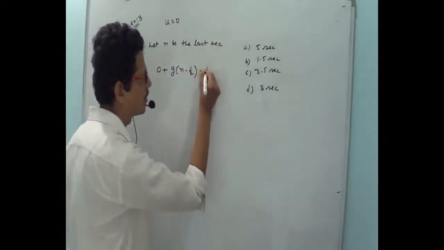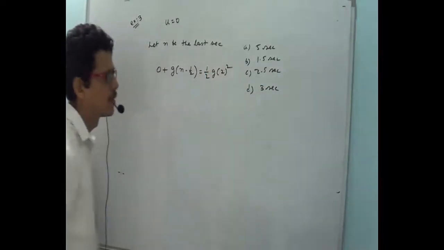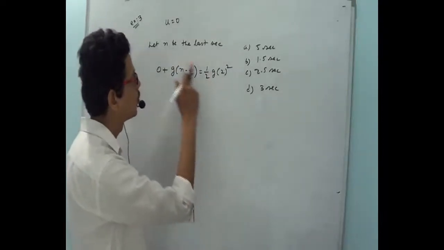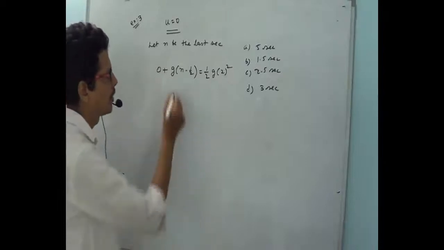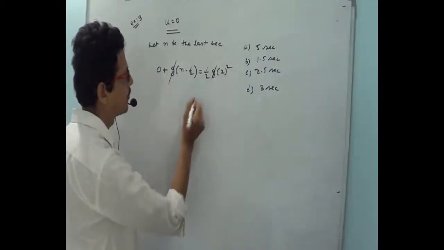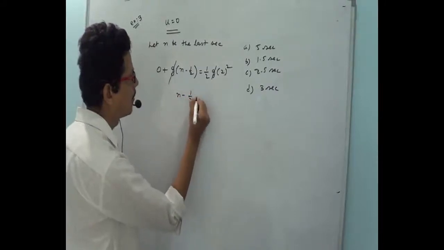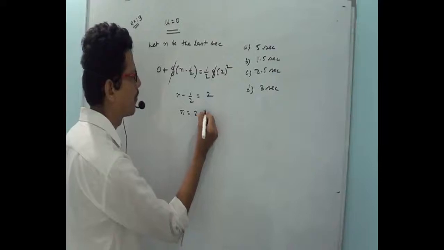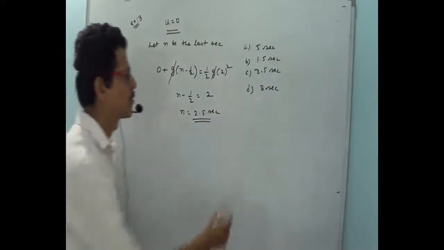And this is nothing but the distance travelled in the first 2 seconds. U I have taken 0 because it is a freely falling body. On both the sides I can cancel g. Okay, n minus half is equal to 2 and n is equal to 2.5. So that is the last second. Okay, so this option is correct.